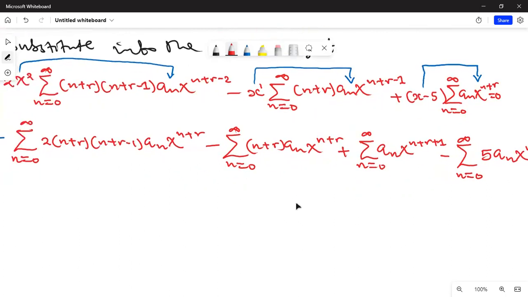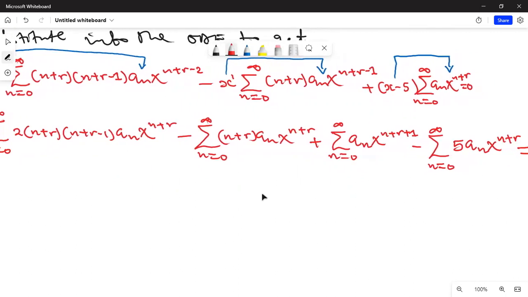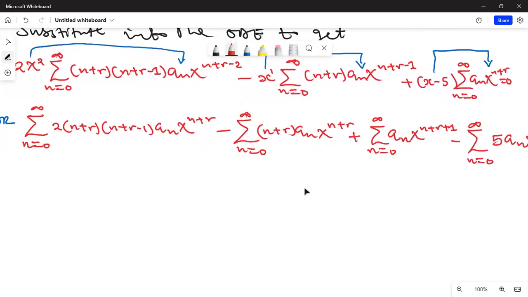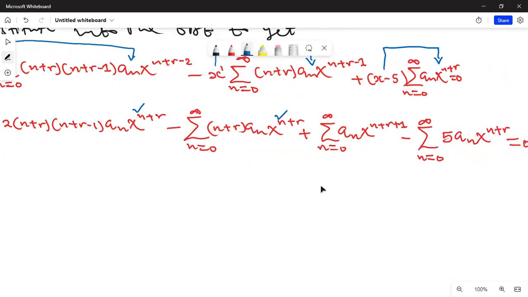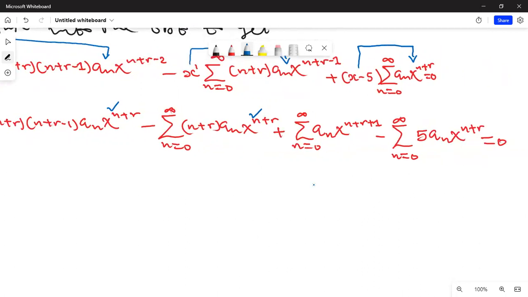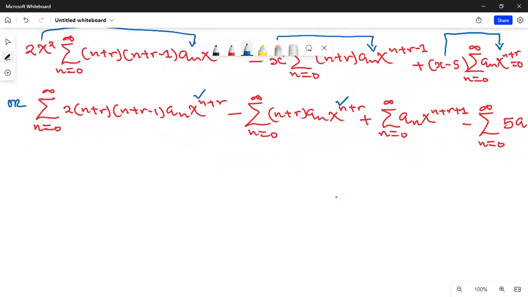Now look at these summations. How many are there? There are 4. Combine those with the same power of x. I can see 3 of them have the same power: this one, this, and the last one. So we are going to combine those 3. So we combine the series with the same power of x.